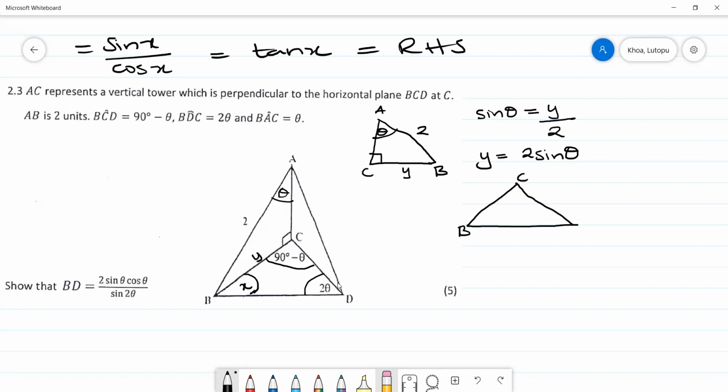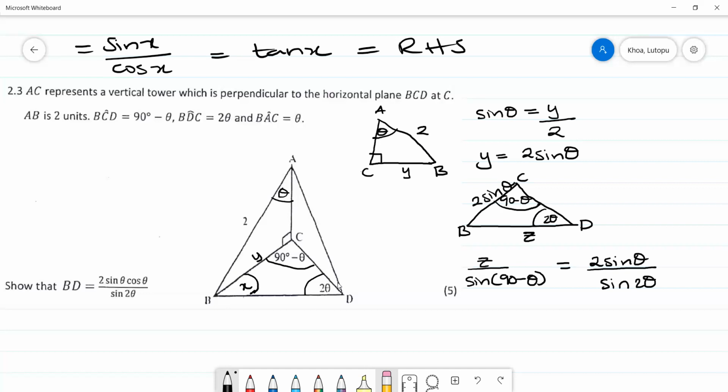Okay, so now we move on to the second triangle, BCD. Now we have BCD, so this is 2 theta. This is 90 minus theta, and this is 2 sine theta. So we're looking for this one here. Let's call it Z. We can use the sine rule. So we see that Z over sine of 90 minus theta is equal to the opposite, 2 sine theta, over sine of 2 theta.